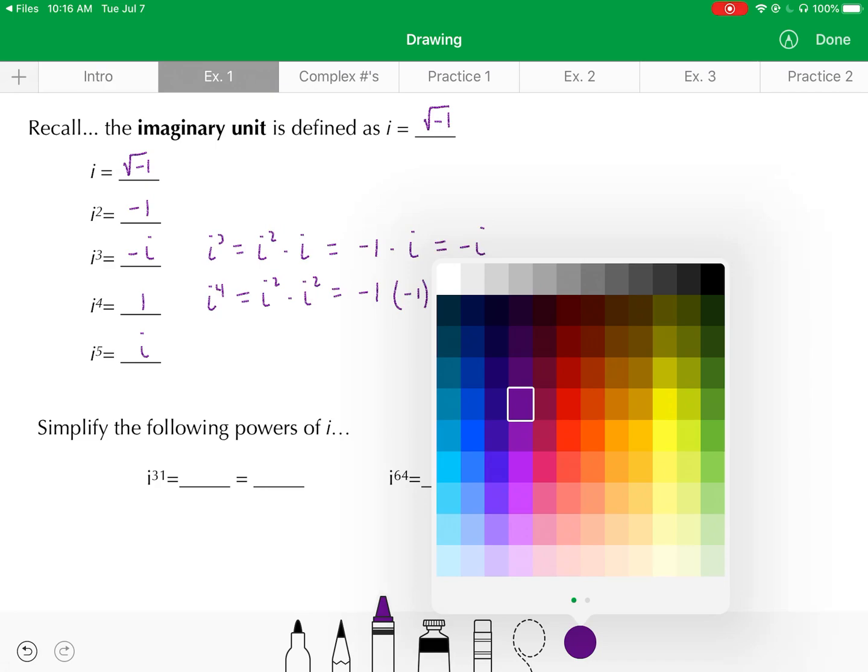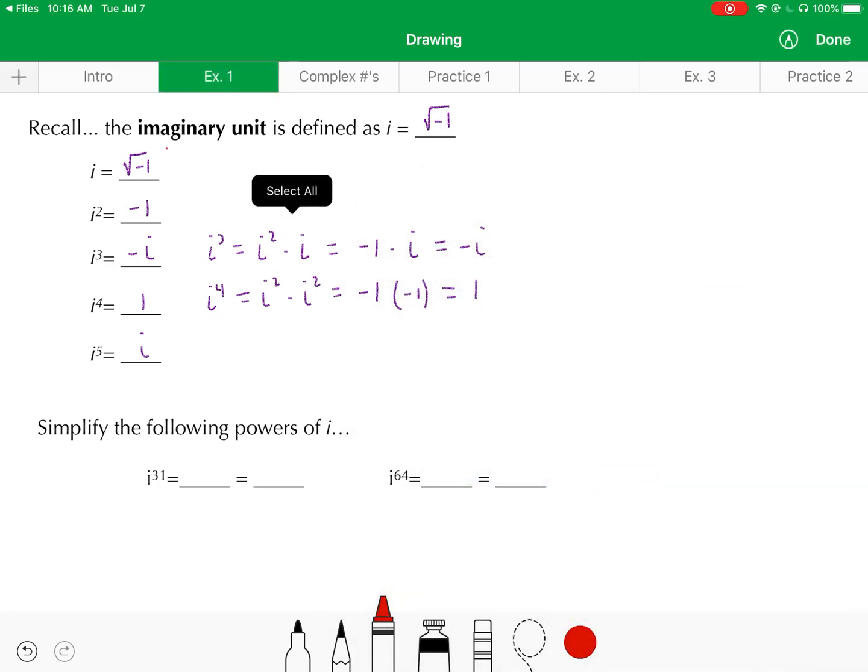Recall, these are the four that you really need to know, because after the first four powers of i, everything starts to repeat itself. So i is equal to the square root of -1. i squared is -1. i cubed is -i. i to the fourth is 1.